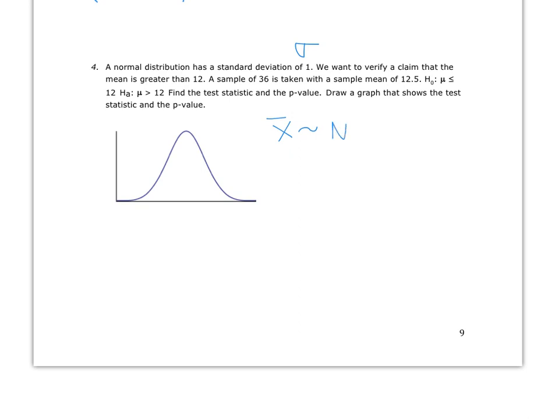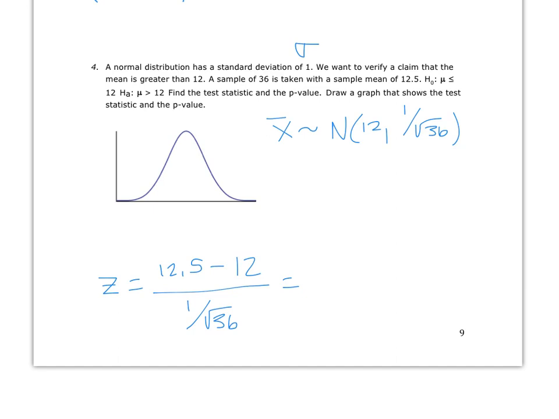So we'll assume we have a normal distribution with mean of 12 and standard deviation of 1 over square root of 36. So the test statistic, z, is equal to the sample mean of 12.5 minus the value from the hypotheses, which is 12, and then we divide by 1 over square root of 36.